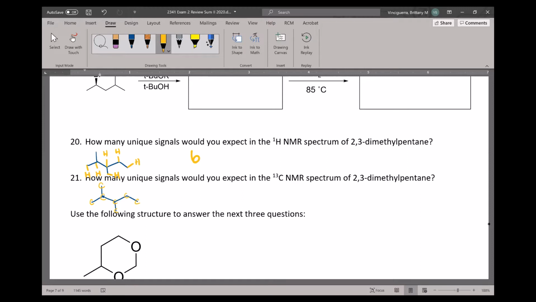Are there any carbon atoms that are repeats? The 2 groups at the very left. Right, these 2 methyls are identical to each other. So we do not need to count both of those carbons. So how many unique carbons do we have? 6? Again, right.